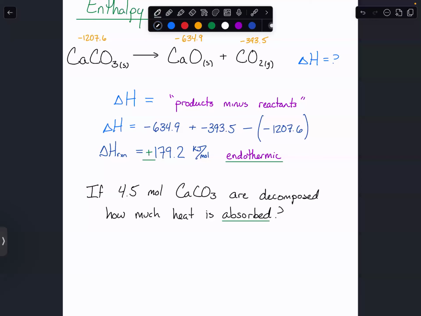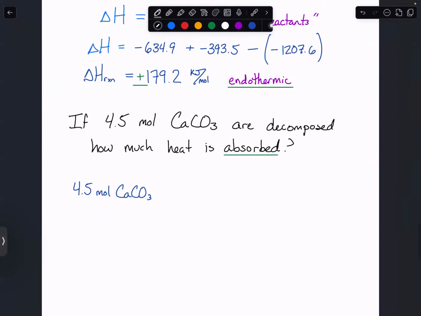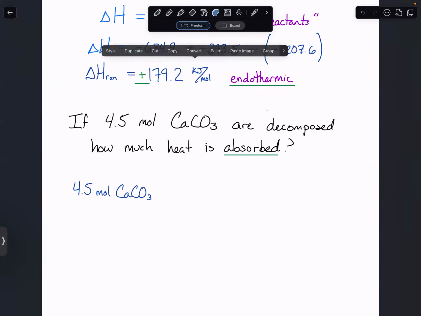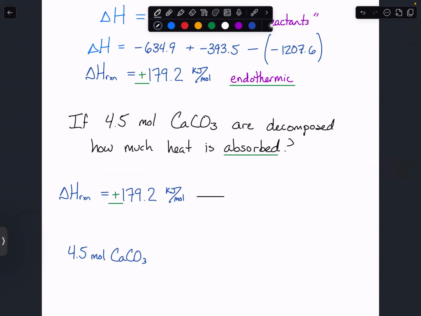All right, so I gave it to you in moles here just to make our life a little bit easier. We're going to use that 4.5 moles of calcium carbonate. All right. And then we need to use our delta H value here. And remember, we're going to convert this into something that we can use in our math where we split up those units.